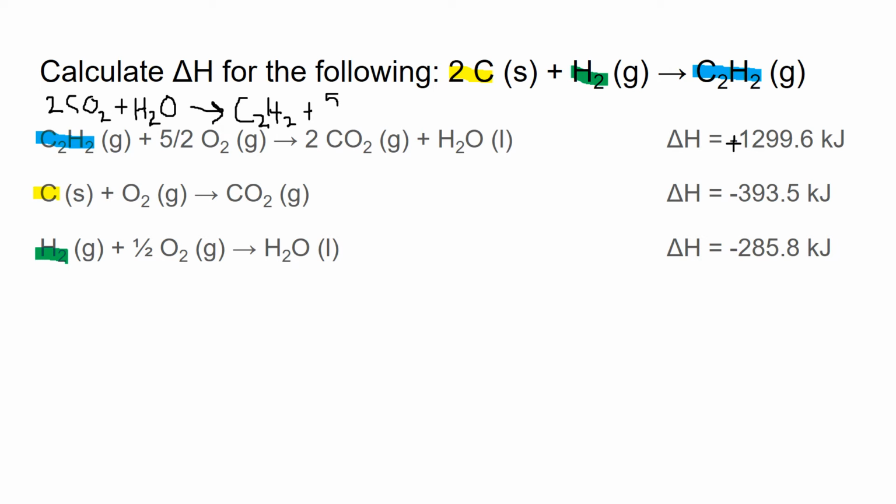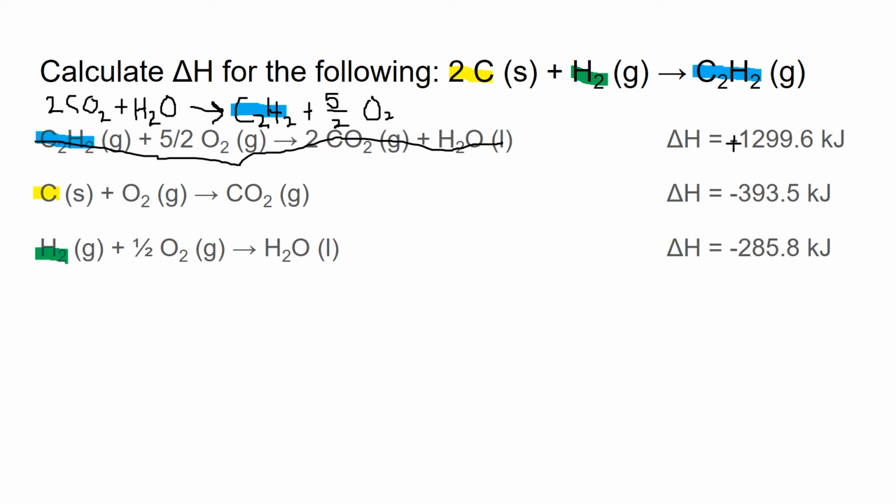We no longer care about the original equation, we are concerned about the flipped equation. However, we can still highlight that we got this C2H2 over here. That's good, that's what we want.